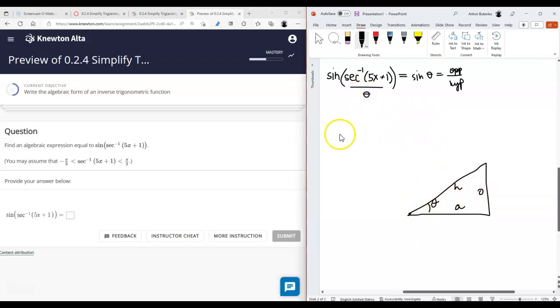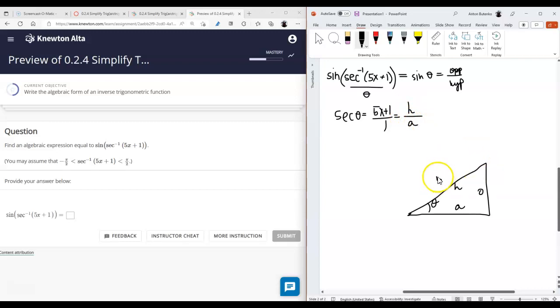But the knowledge of the sides of the triangle comes from us knowing that secant of theta is equal to 5x plus 1. Throw it over 1 and use the fact that secant is hypotenuse over adjacent.